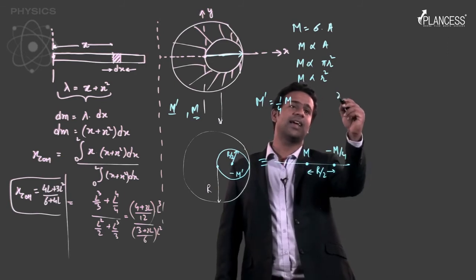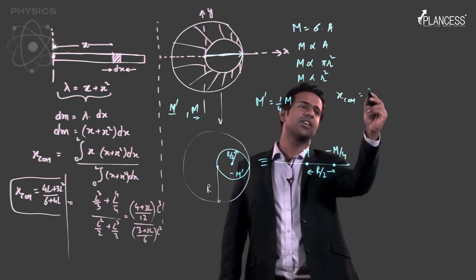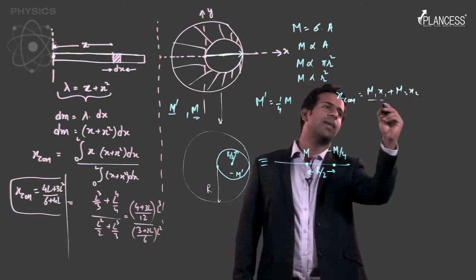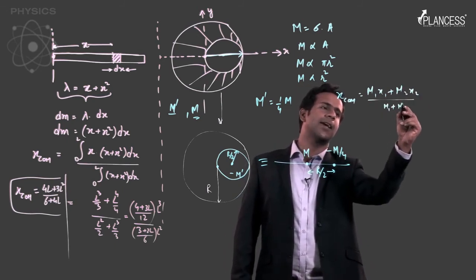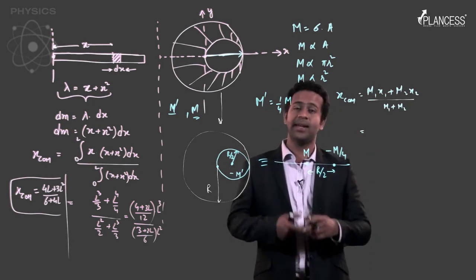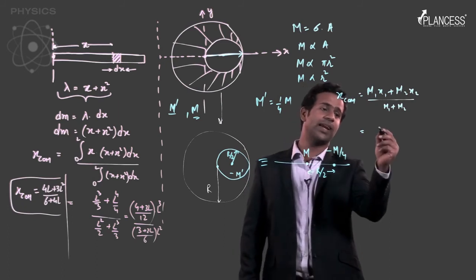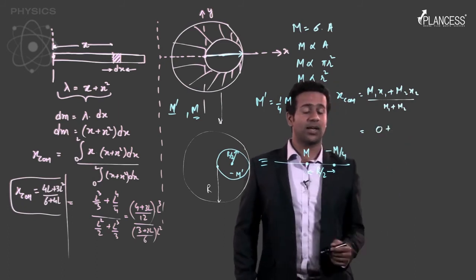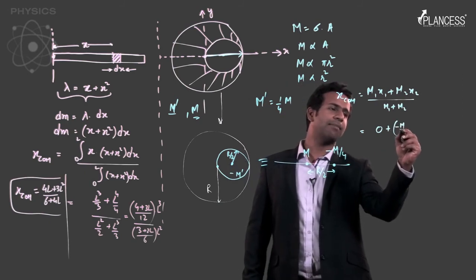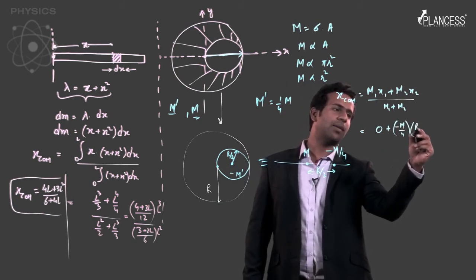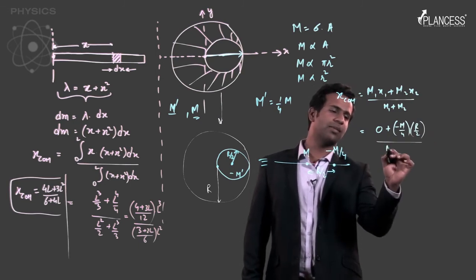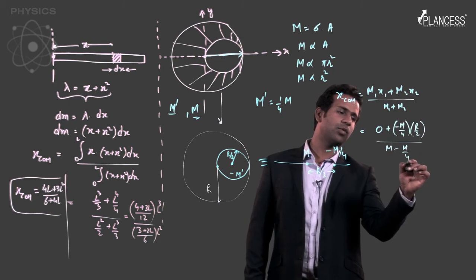We are trying to find the x coordinate for center of mass, which should be m1x1 plus m2x2 by m1 plus m2. So for the first body, which is the complete disk, the x coordinate is 0, so we get a 0 plus, now substitute values with suitable signs. So we'll have minus m by 4 into r by 2 divided by the total mass, which becomes m minus m by 4.